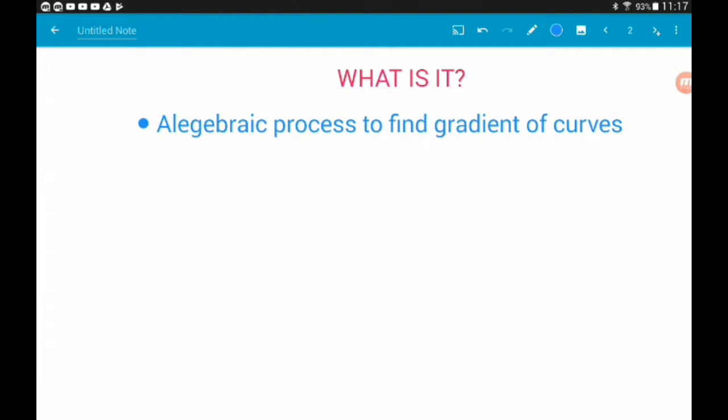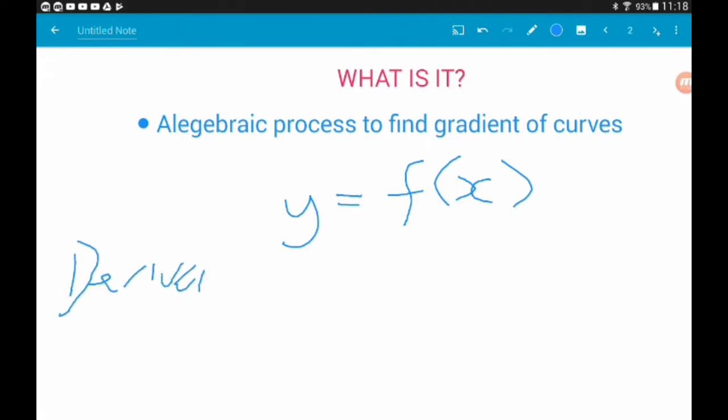So if we had y equal to some function of x, then our derivative or our gradient function, so let's just call it derivative for now, the derivative we write as dy over dx.